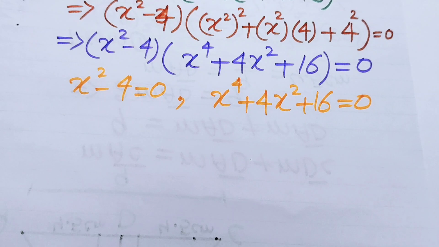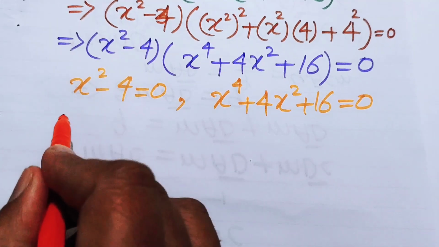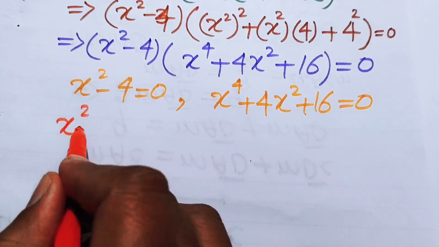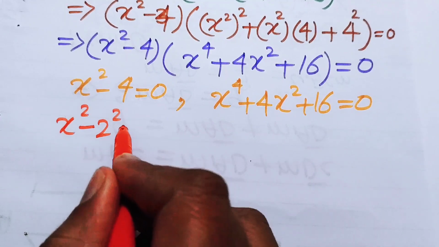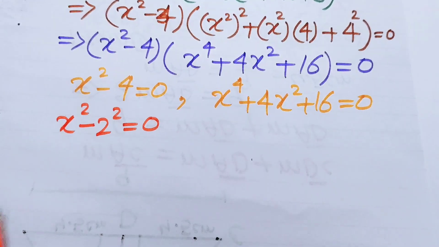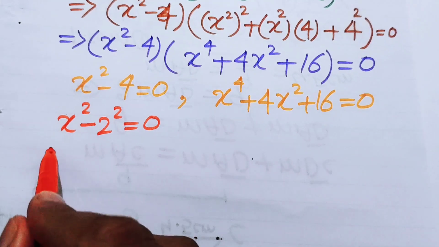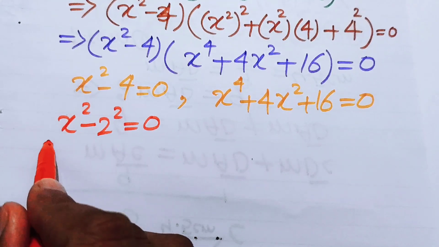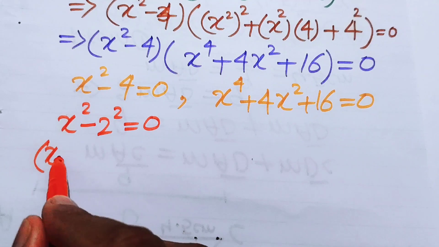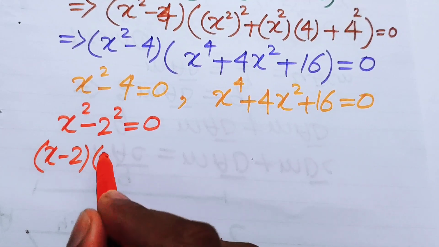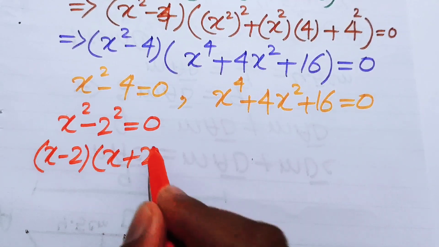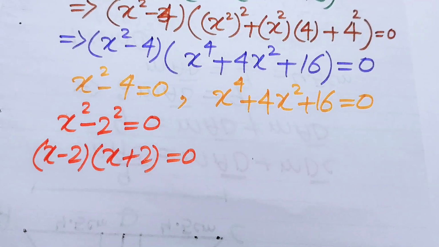So first we solve our first case. We have x square minus 4 equals 0, and we write 4 as 2 square. So we have a square minus b square, and we use this nice square identity, which gives x minus 2 times x plus 2 equals 0.